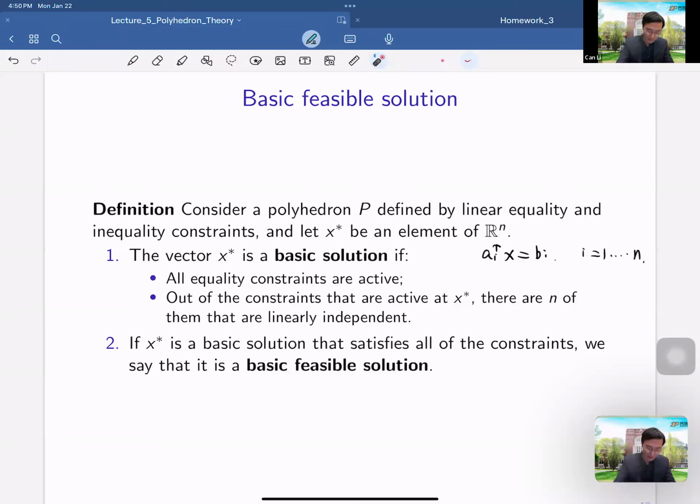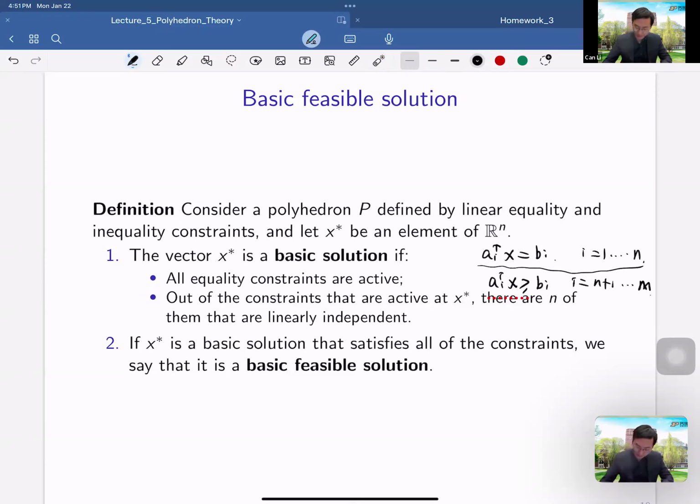Okay, so supposedly, let's say those are the n linear equality constraints. And then there are some other constraints that say a_i transpose x greater than or equal to b_i, those are inequality constraints for i from n plus 1 all the way to m.